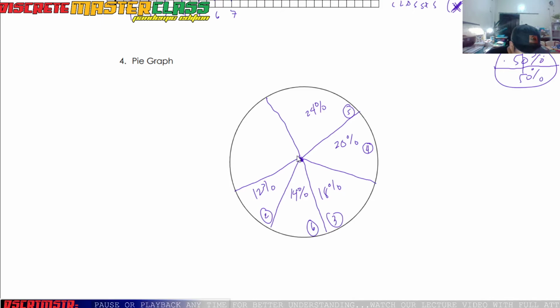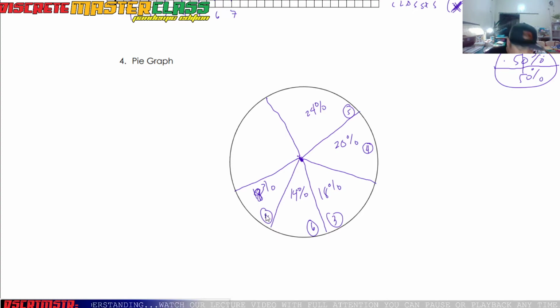Second class. What is it? 12 na, no? 12. Then 8. Yung 8 natin. Ito na lang gawin kong 8.